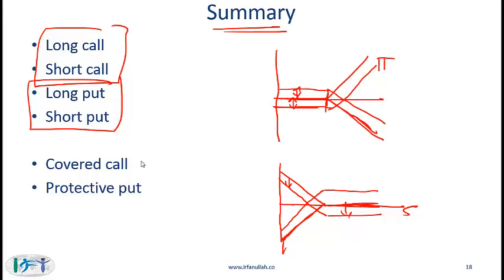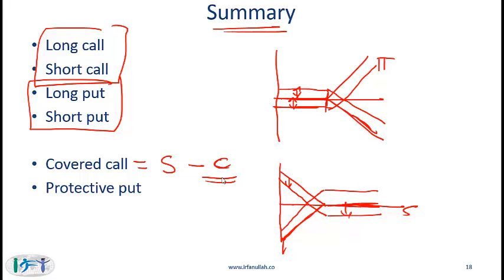A covered call is equal to owning the stock and going short on the call. So the point is that if the stock starts coming down, then we get a bit of a cushion because we sold a call option. But if the stock keeps going down, then after that cushion has been exhausted, we start losing money.